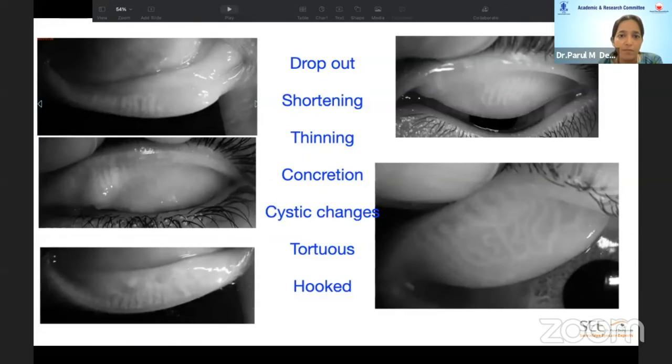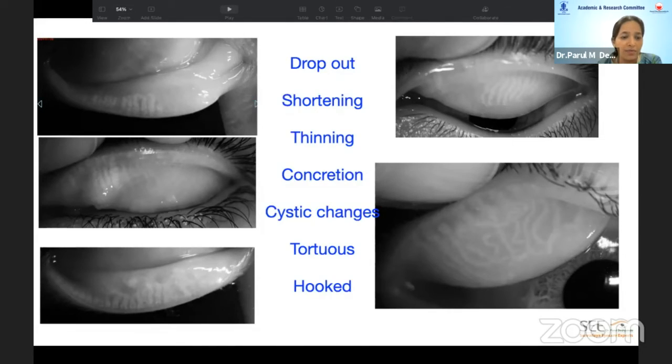So these are some of the clinical pictures. The top left and the right show the areas of dropout as well as shortening of the meibomian glands in the lower lid and the upper lid. The picture in the middle on the left shows the thinning of the glands. So you can see that these glands are present, but they are probably more of the ghost meibomian glands. The picture on the left and down shows the presence of concretions.